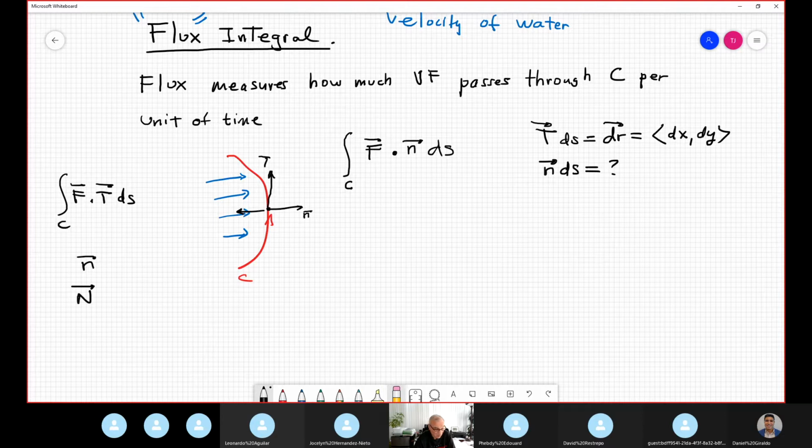Okay. Suppose we have one trajectory like that. And I pick one point. In this point, the direction is a specification. It's like that. Now, in this case, we have the tangent vector.